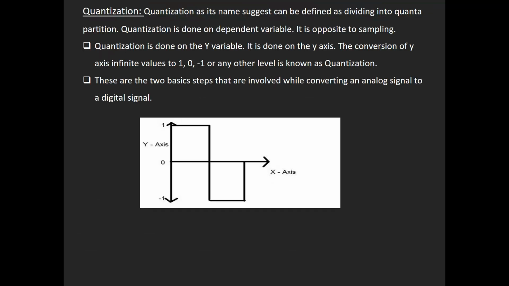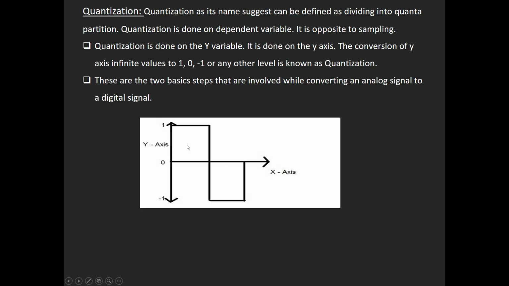Now quantization. Quantization, as its name suggests, can be defined as dividing into quanta partitions. Quantization is done on the dependent variable. It is opposite to sampling. In that case, x is an independent variable while y is a dependent variable. So quantization is performed on the dependent variable.